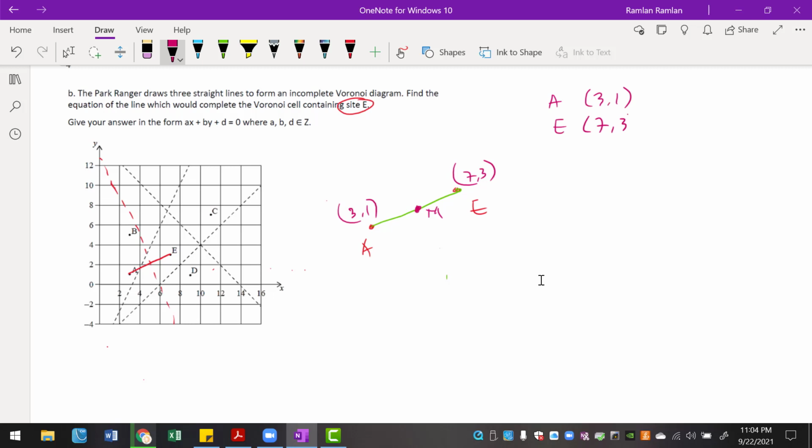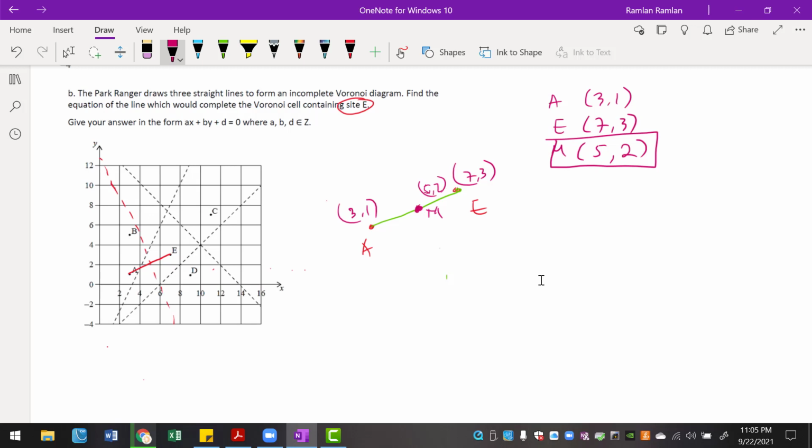Like we did previously, for M you add these two numbers and divide by 2, then add these two numbers and divide by 2. So 3 plus 7 is 10, 10 divided by 2 is 5. 1 plus 3 is 4, 4 divided by 2 is 2. So this is the midpoint of AE, which is 5, 2.